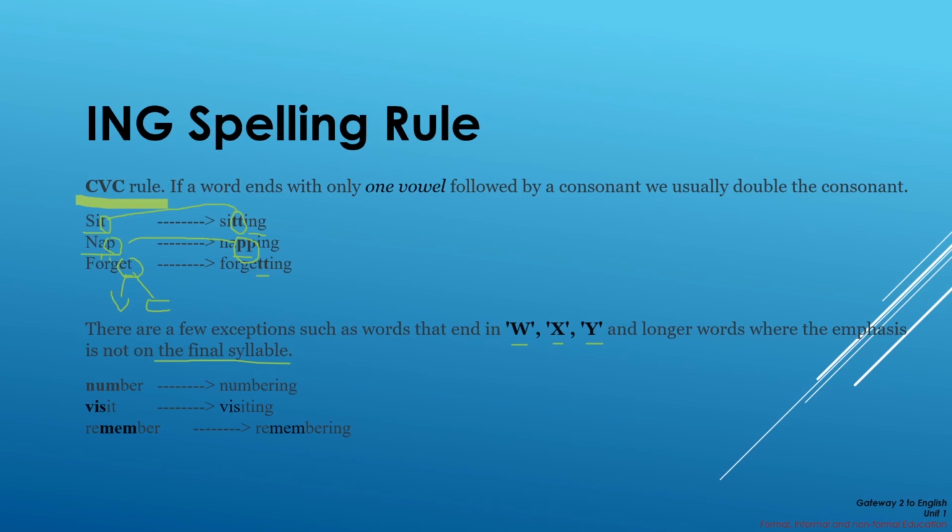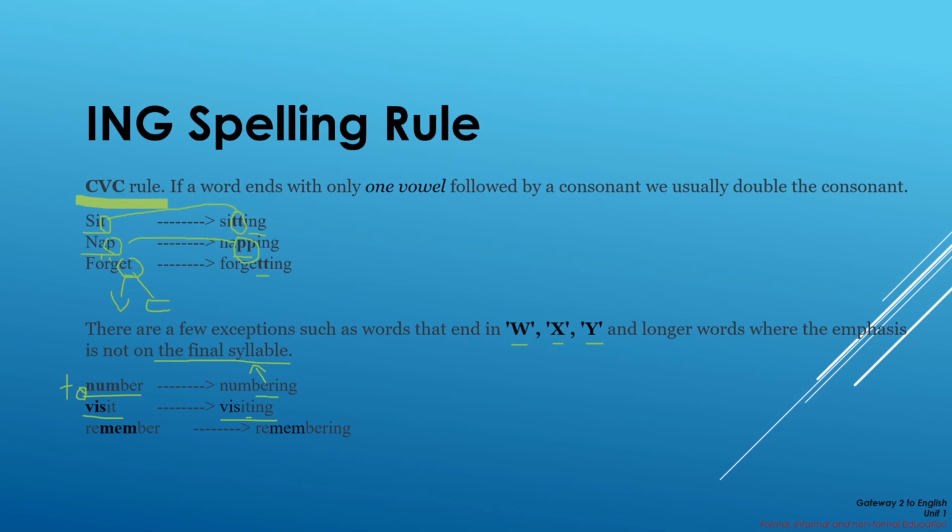The first example we have here, the bare infinitive number. Full infinitive is to number. To form the gerund, we don't have to double the final consonant, which is R in this case. So we have just one letter R, numbering.